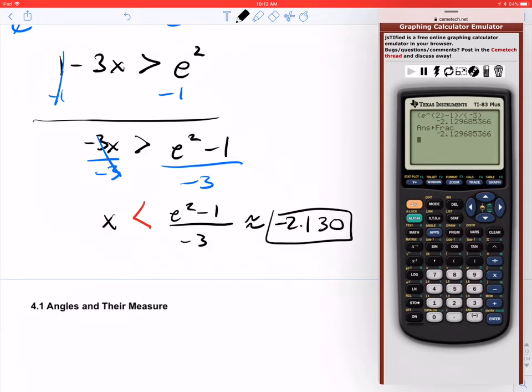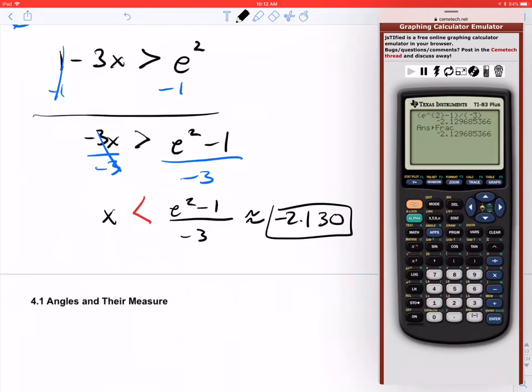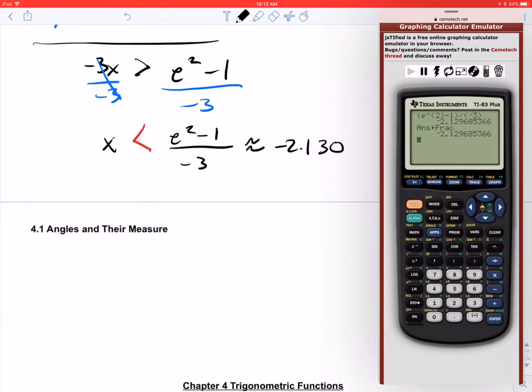So then I want to take that approximation and plug it into the original. Oh, no. That's not. Let's back up. So what we're saying is the solution would be negative infinity up to negative 2.130, parentheses and parentheses.